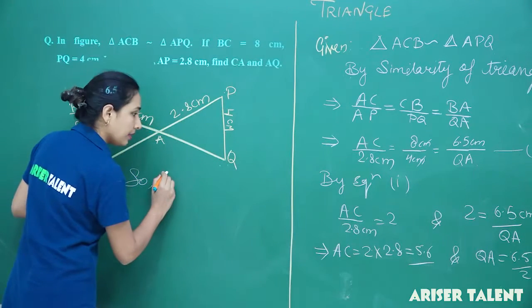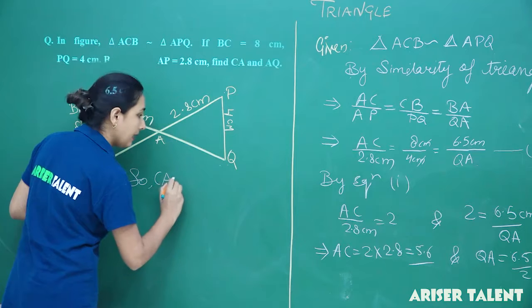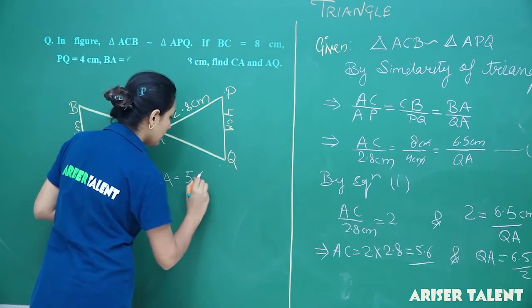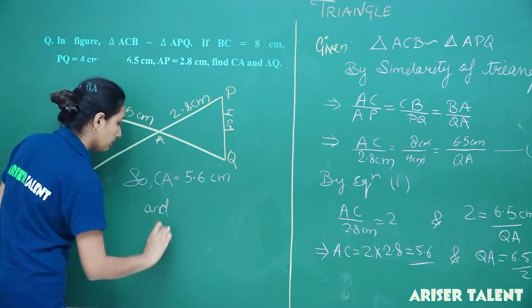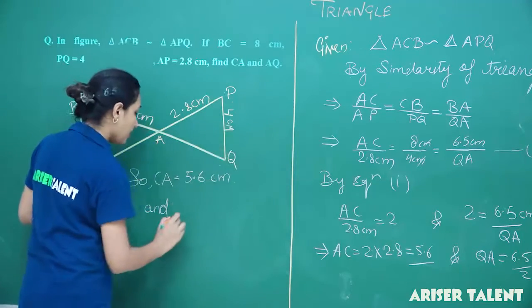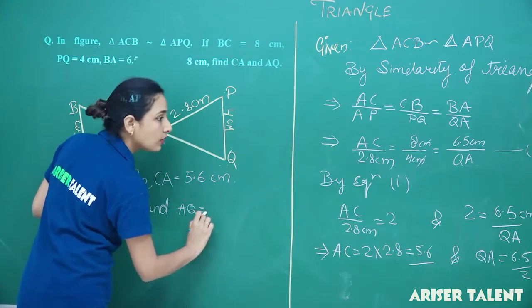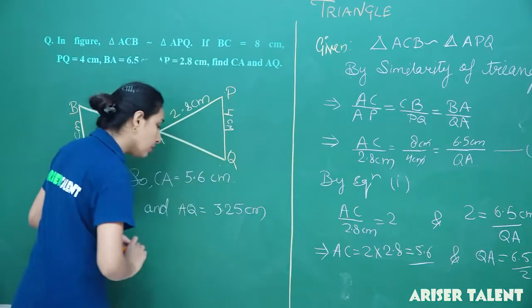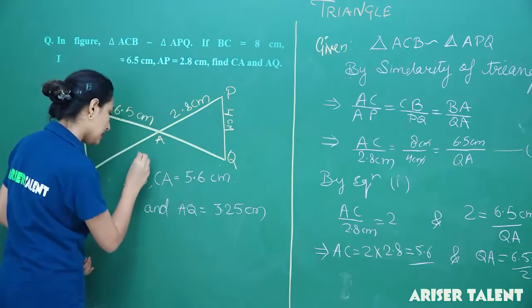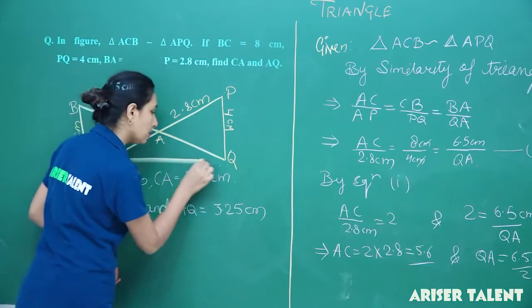So CA equals to 5.6 centimeters, and this AQ is equals to what? 3.25 centimeter. So students, this is the required answer.